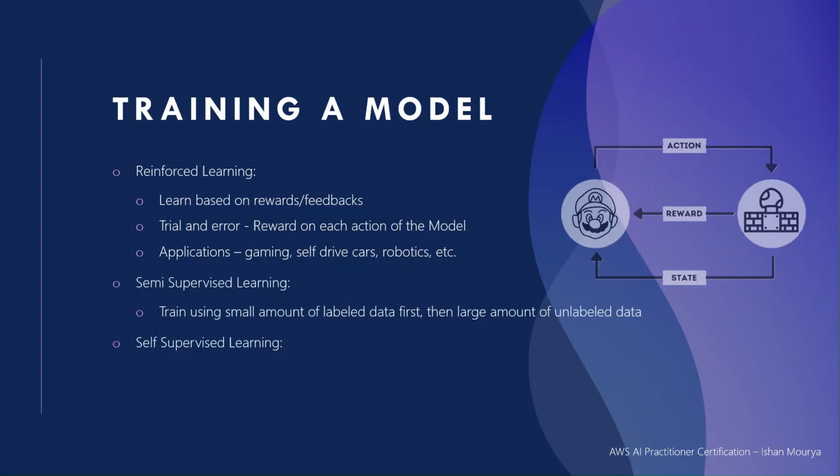And then we have self-supervised learning, where you provide the model with unlabeled data only, but the model itself will be labeling that data, pseudo labeling. As per its understanding, it will create pseudo labels for the data.